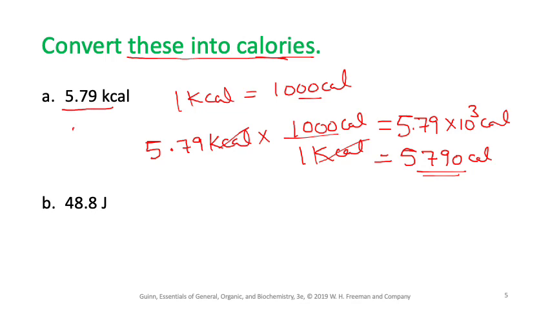Let's try the second problem over here that says if you have 48.8 joules, how many calories do you have in there? Again, we already know the equivalency, how calories and joules are connected. We know 1 calorie is 4.184 joules, and we can use this equivalency to make a conversion factor.